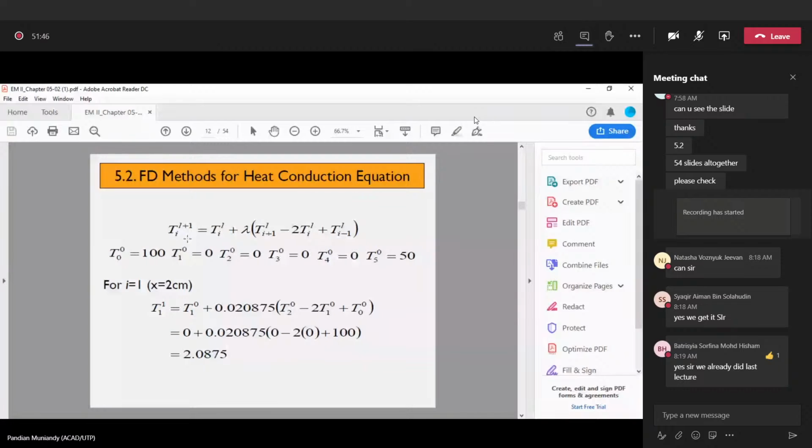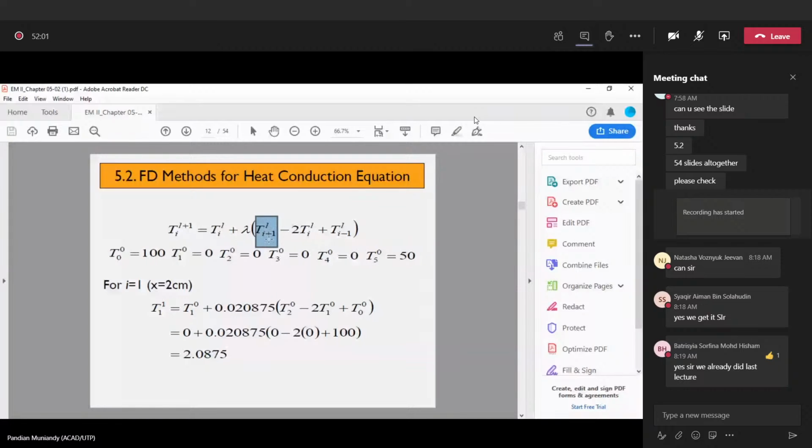So I1 at x 2 cm. So I1 plus 1 is 2, so this term will be 2 T superscript 1 subscript 2.